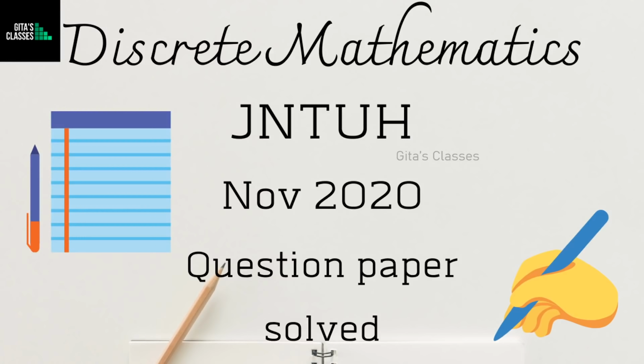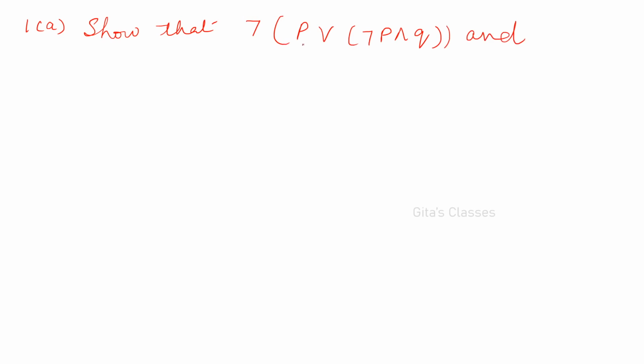So first, question 1A. The question is: show that not of (P or (not P and Q)) and (not P and not Q) are equivalent.